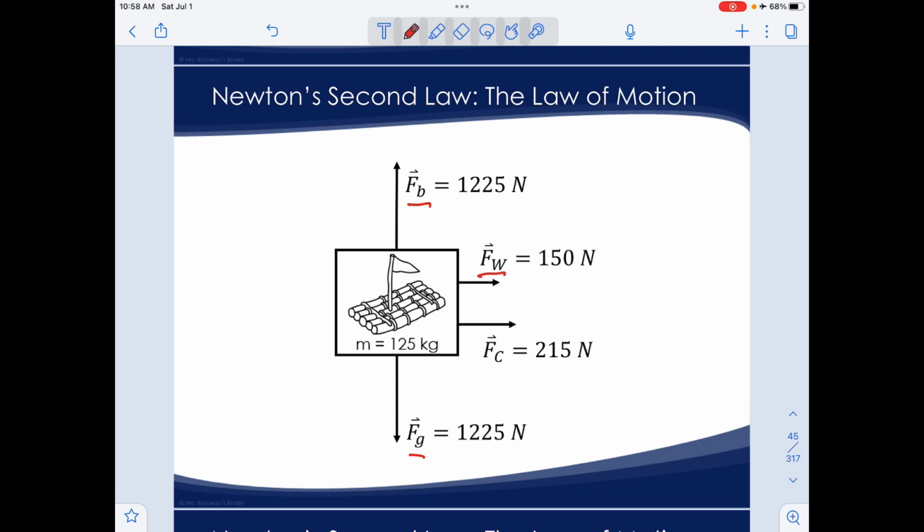And then we have the force of the wind and the force of the current. You don't actually have to draw a picture inside it, but that's kind of cool. And we have our mass. So this is a free body diagram. And obviously we're using the system where this is north, or up, down, east, and west.